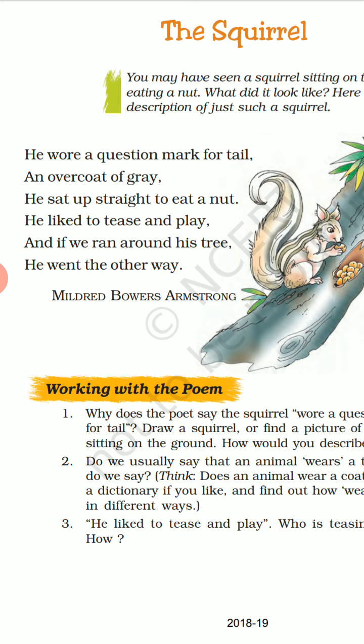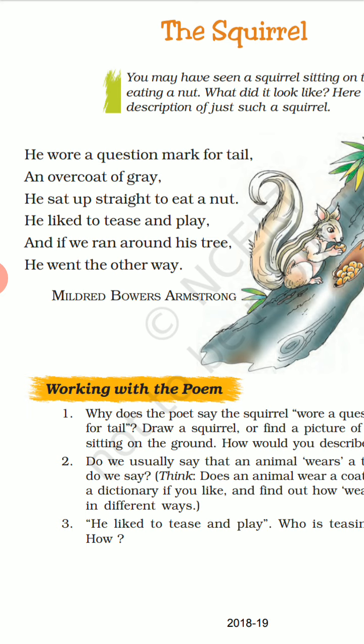Because the squirrel wants to tease and also wants to play with the children. So this shows that the squirrel has got a nature of naughtiness. Is it clear? So this is how a squirrel does whenever they go around his tree.